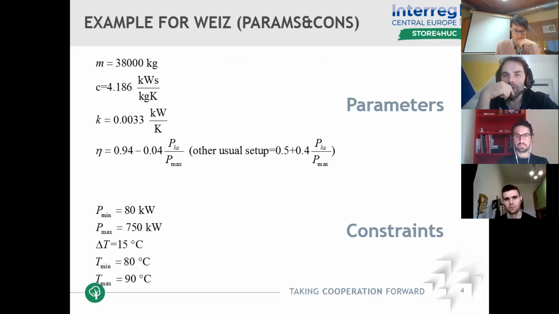To better demonstrate what the tool can do, I also intentionally used one more setup for efficiency, in which in partial load you would have 0.7 efficiency. For instance, when the power of the heat source would be half of the maximum, then you would have 0.5 times 1/2, 0.4. This is 0.7. And when you would have full power, this would be 0.5 plus 0.4, that's 0.9.